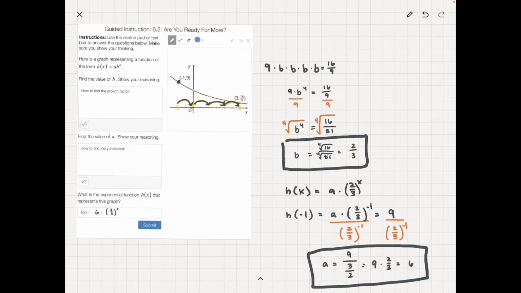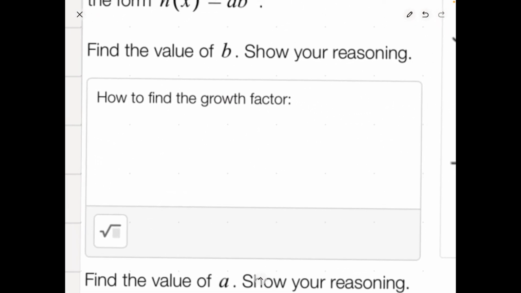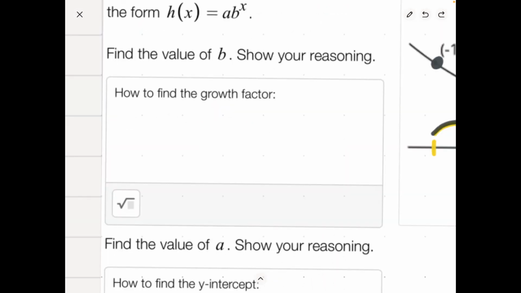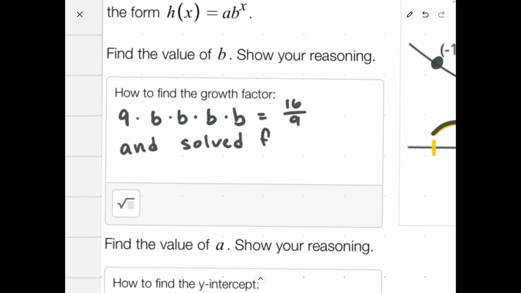Okay, so how did we find the growth factor? So remember what we did was we figured out that 9 times b, the growth factor, 4 times, equals 16/9. We looked at our two values and we found that 9 times our growth factor 4 times is equal to 16/9. And we solved for b. Okay, so we ended up with b equals 2/3.